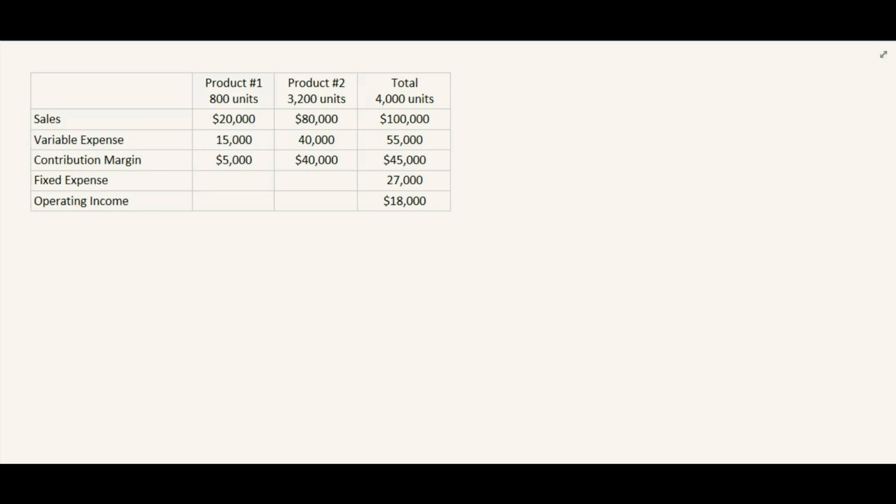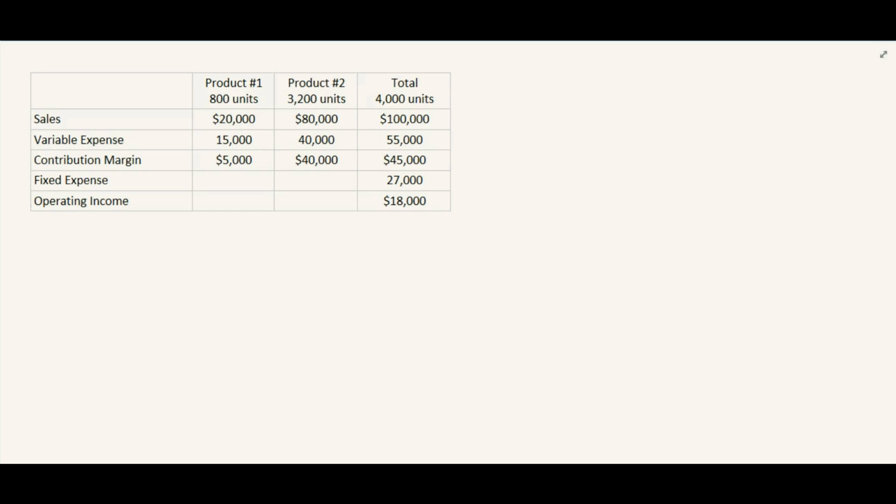For product number 2, 3,200 units for $80,000, and the total we have 4,000 units at $100,000 in terms of sales. And we have some information about the variable expenses for each product and the contribution margin for each product. Then we have the fixed expenses for the company as a whole. After that, we have the operating income for the company.